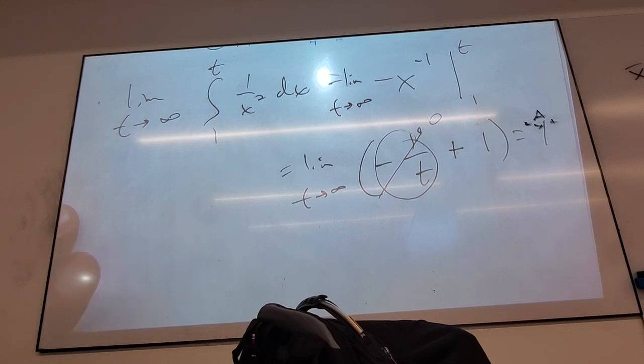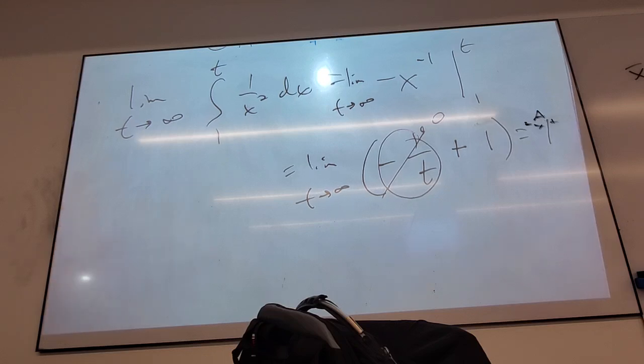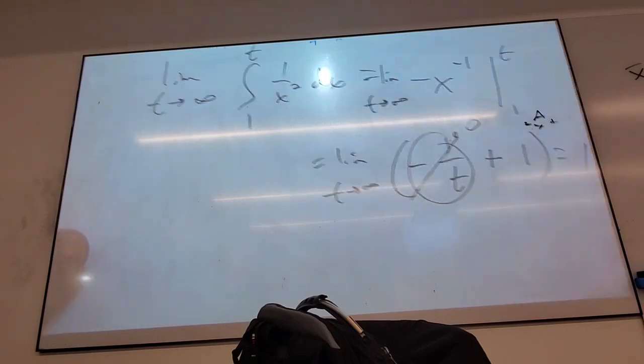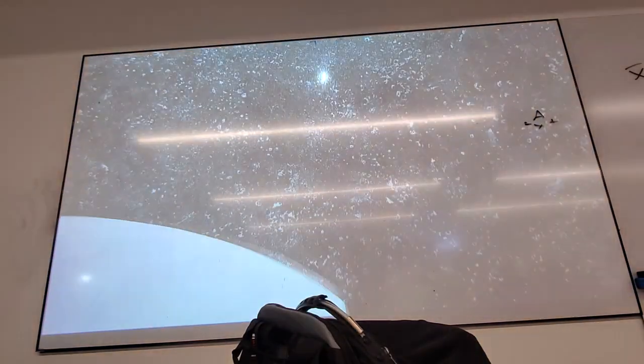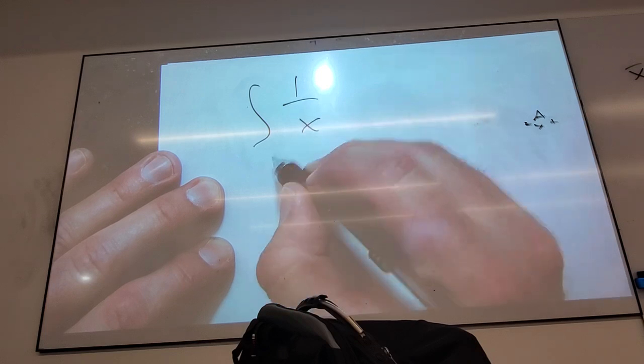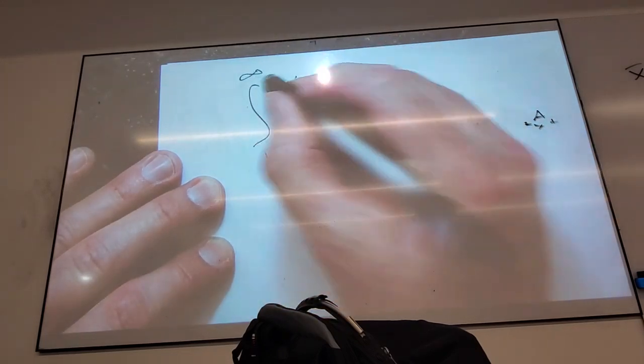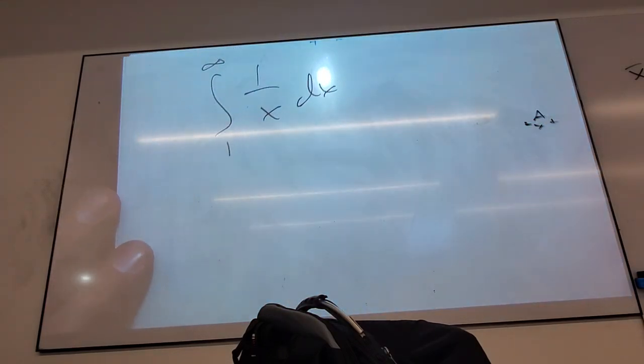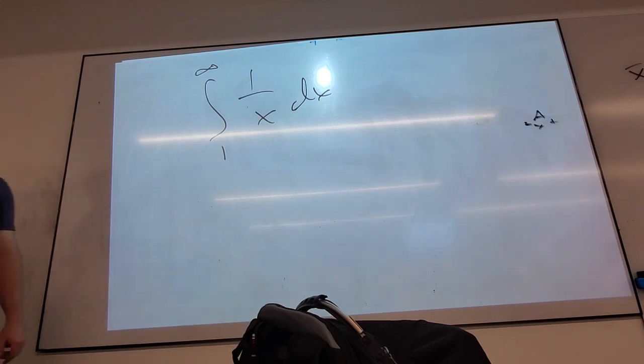Funky. Something feels off about that, but we're gonna be okay. Let me think about it for a second. Now, if I do this, I've just changed one thing about it, right?